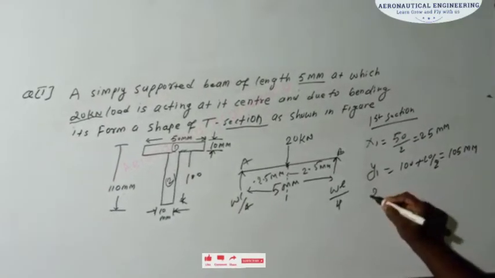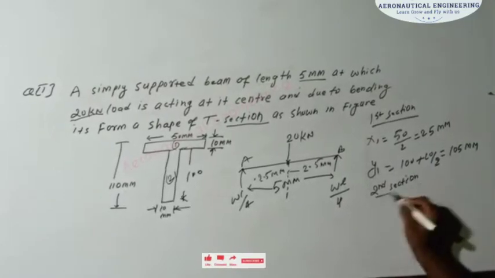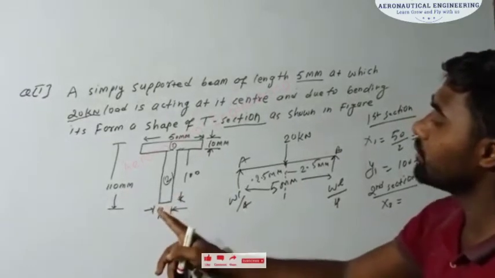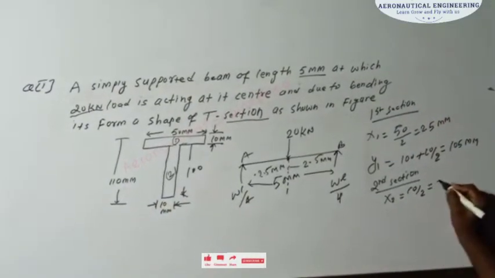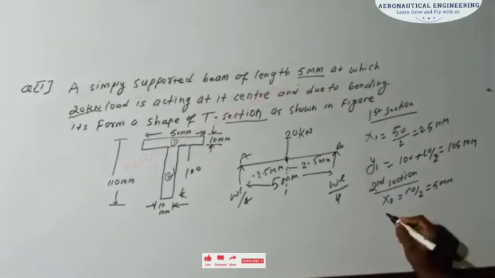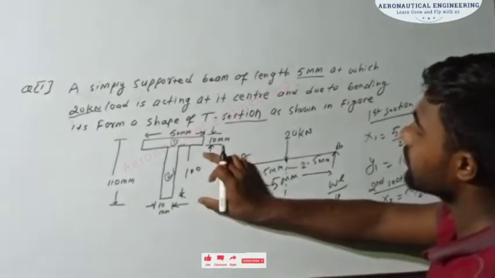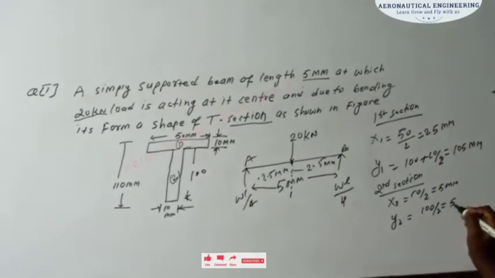For the second section, x2 is 10 upon 2 equals 5 mm. Similarly y2 equals 100 upon 2 equals 50 mm.